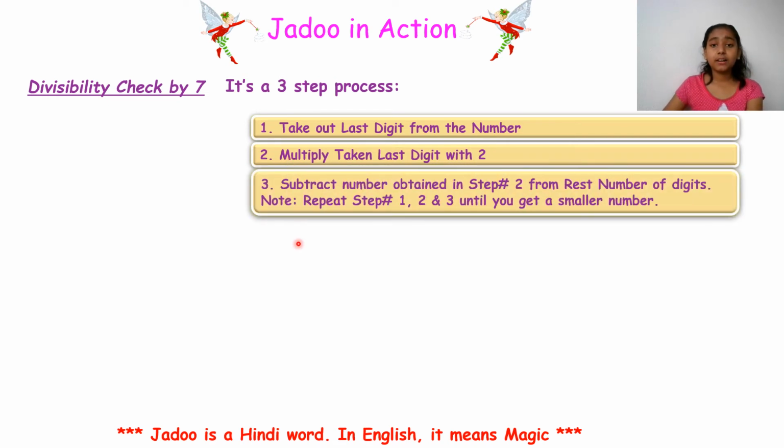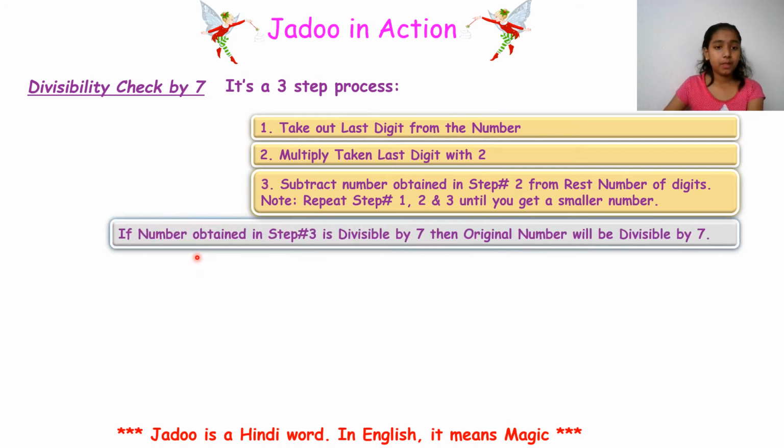Third, subtract the number obtained in step 2 from the rest of the digits. Repeat steps 1, 2 and 3 until you get a smaller number. If the number obtained in step 3 is divisible by 7, then the original number will be divisible by 7.